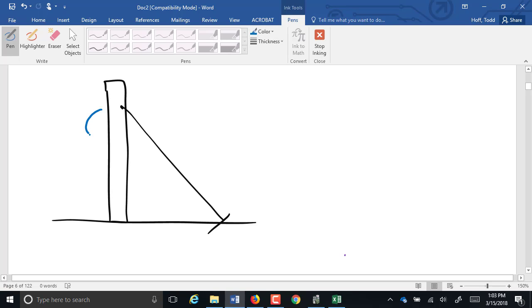Let's say that's going to connect up here, 40 feet above the ground, and it's going to come out here. That will come from here. Let's say the maximum distance you can get out there is 18 feet. I want to know what angle we're going to have on that.